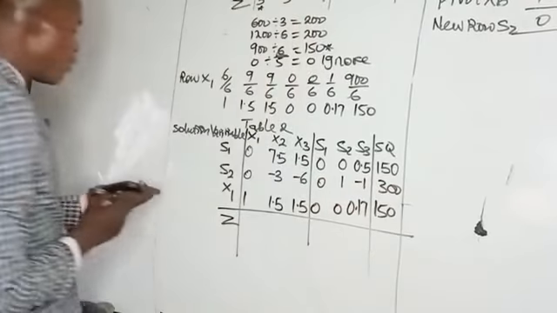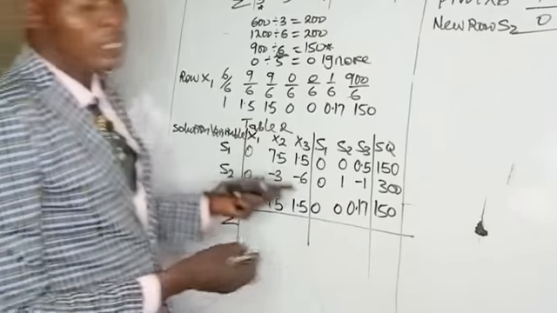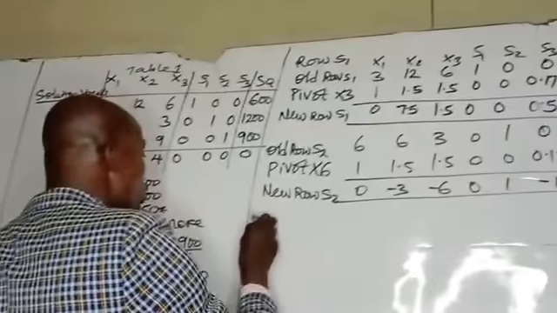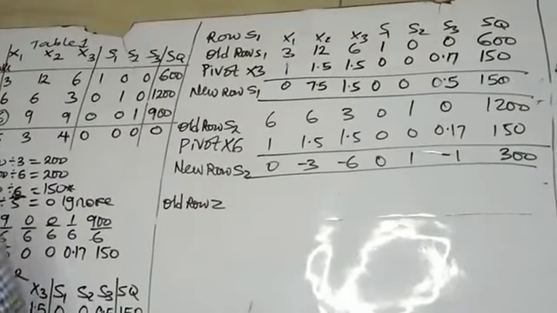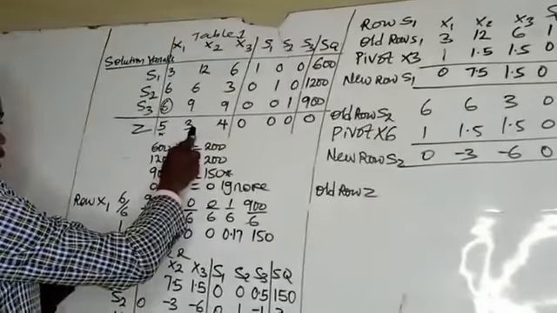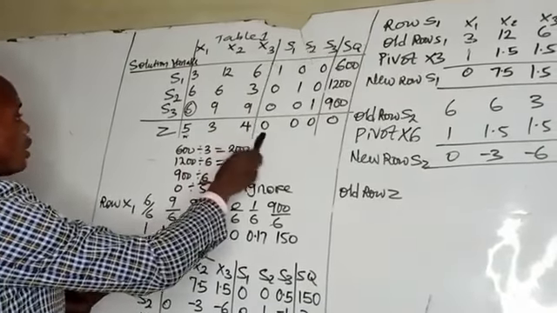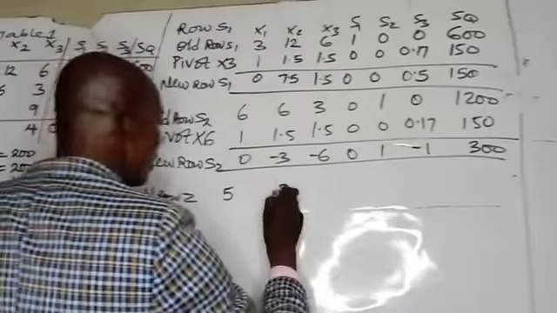Then our objective function row Z. Now, let's have the old row Z. Our old row Z is 5, 3, 4, 0, 0, 0, 0.